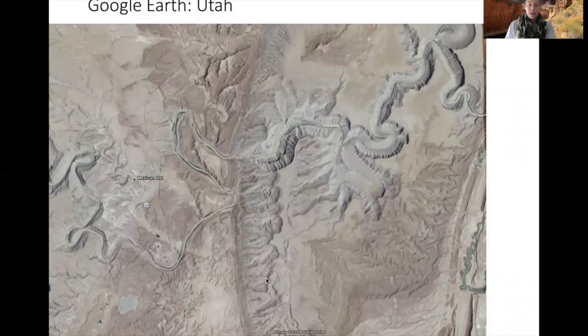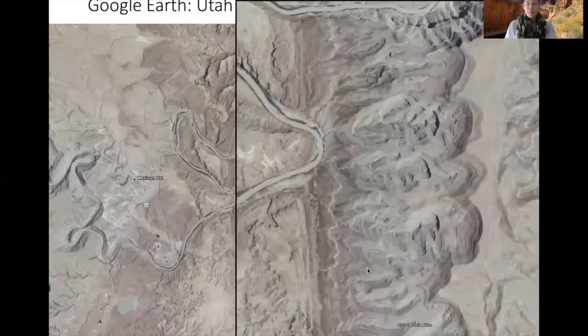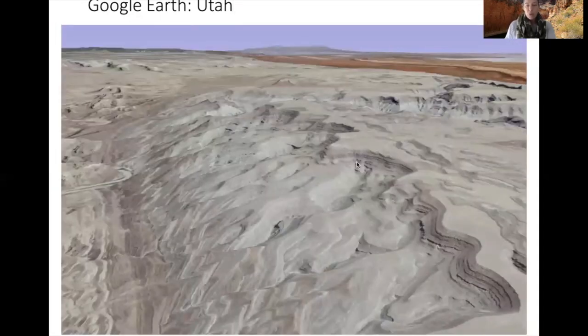Similarly, in Utah, we have the same kind of situation, more horizontally layered sedimentary rocks. And here we can see that they're all eroded with these dendritic patterns of desert ephemeral streams. And again, if we go in side view, we can see why the patterns look like they do.